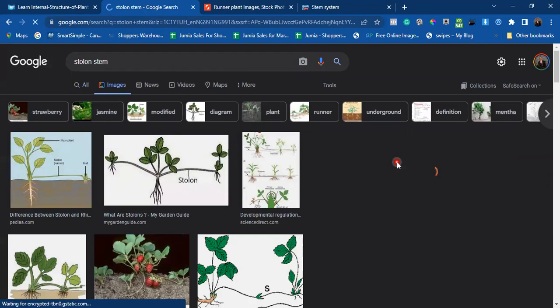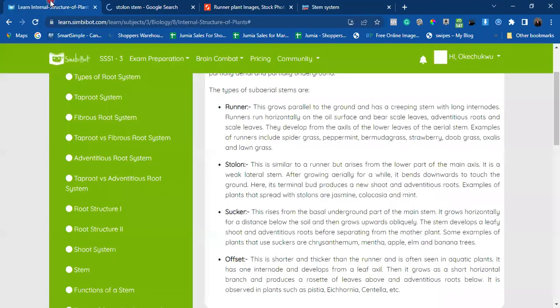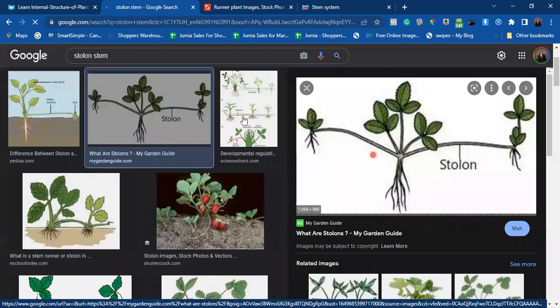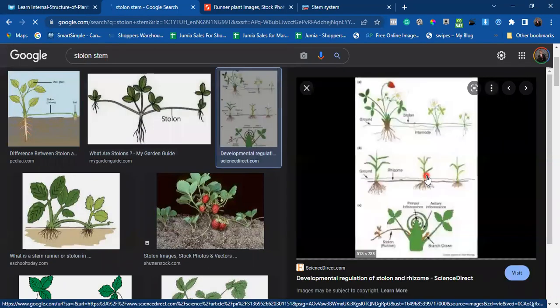It can also be called a runner, but the only difference is that it grows from the lower part of the main axis. Can you see?